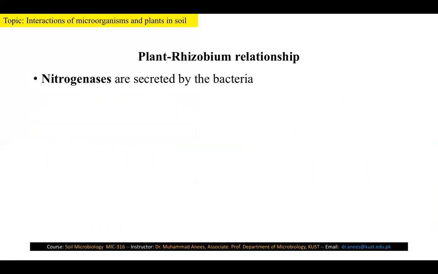Now, as you see, it's a highly specific relationship between bacteria and plant, and the enzymes that are required for nitrogen fixation are known as nitrogenases. These nitrogenases are very much sensitive to oxygen.